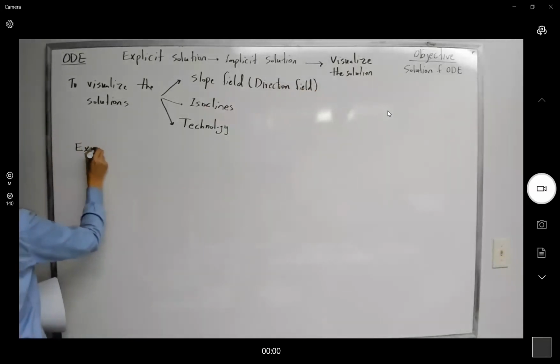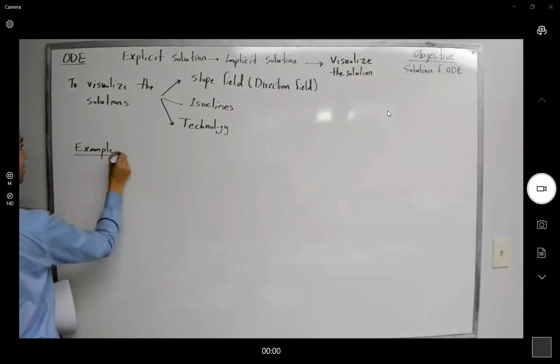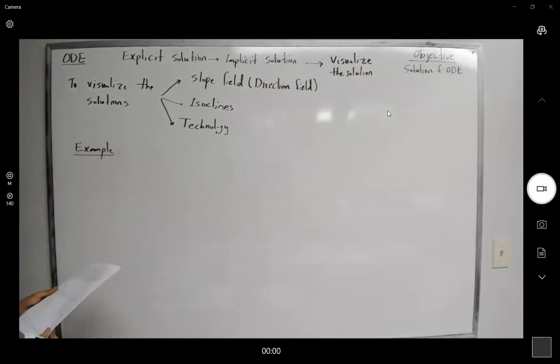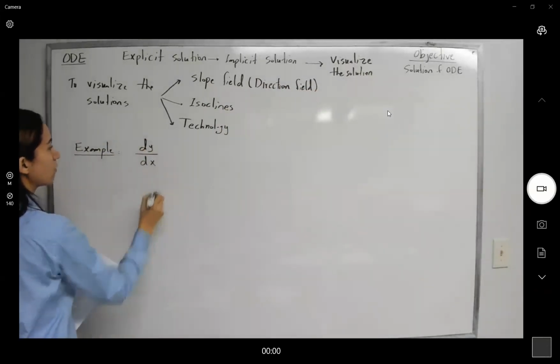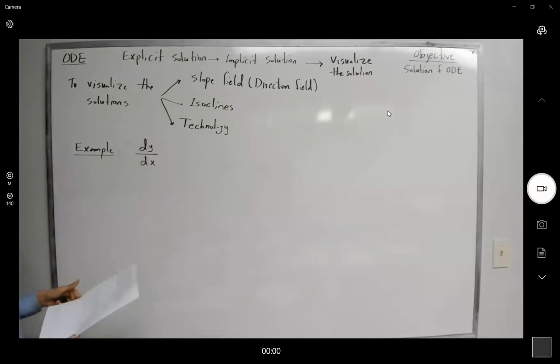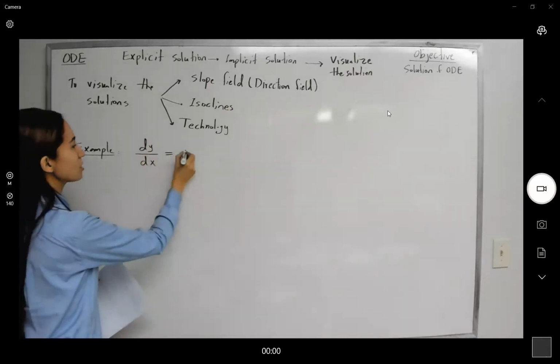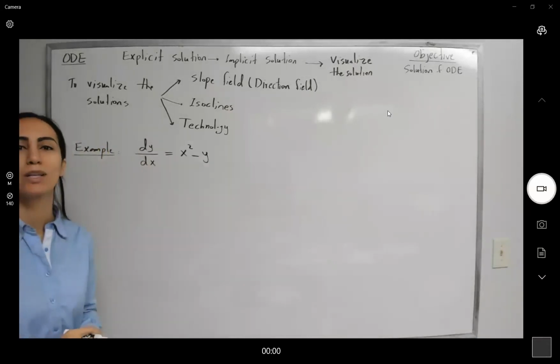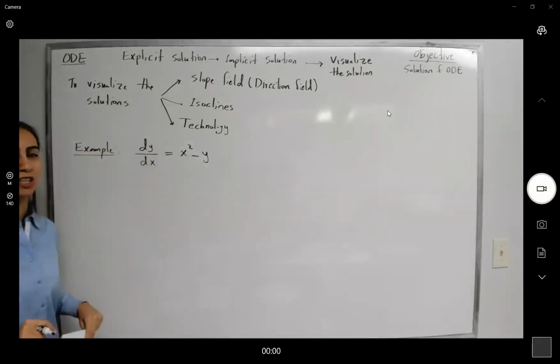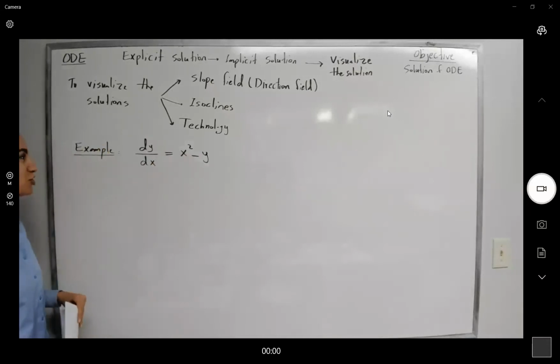In this example, the question says you have the equation, the derivative of y with respect to x is equal to x squared minus y. We would like to visualize the solution for this differential equation.